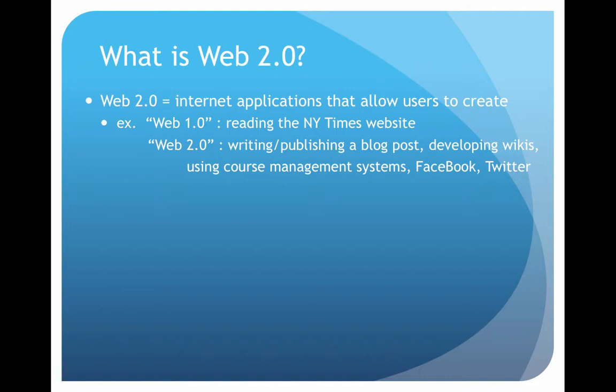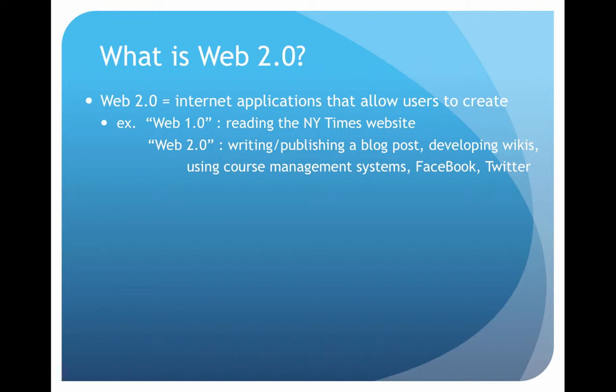One thing that is very important to talk about now as far as the 21st century skills and the STEM initiatives is Web 2.0. And that's a buzzword that we might hear a lot, but we just need to clarify what that means. Web 2.0 are internet applications that allow users to create. So for example, Web 1.0, as they say in the book, might be just reading the New York Times website to get news.